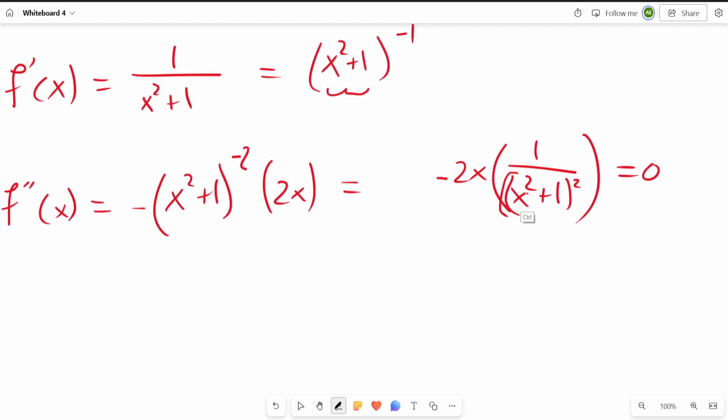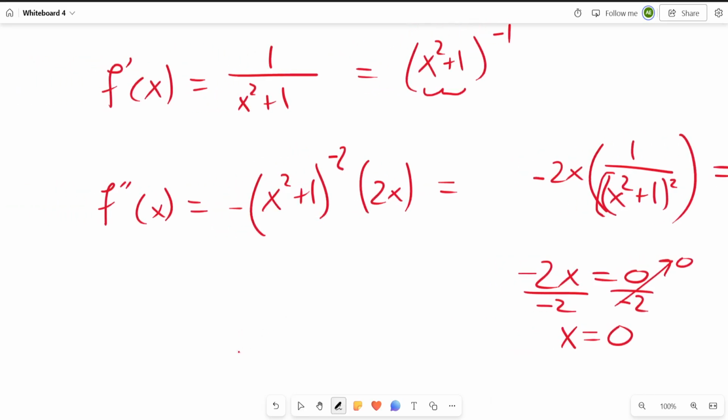I can never get anything out of this part, and even if I did, it would be 1 over 0, which is undefined, giving an asymptote. However, if minus 2x equals 0, then x equals 0, because I divide both sides by negative 2. So my inflection point is at x equals 0.